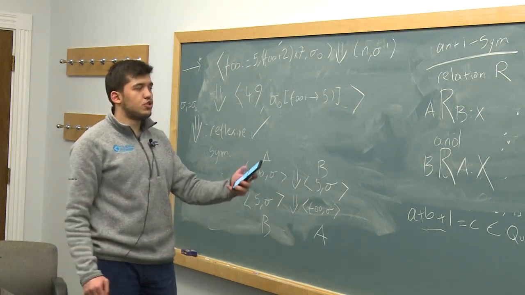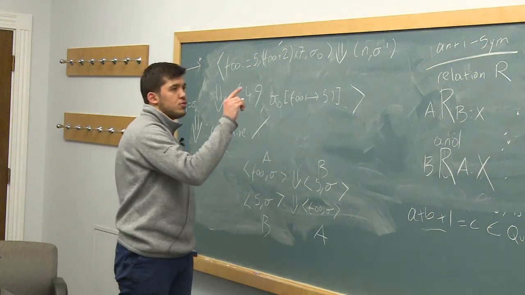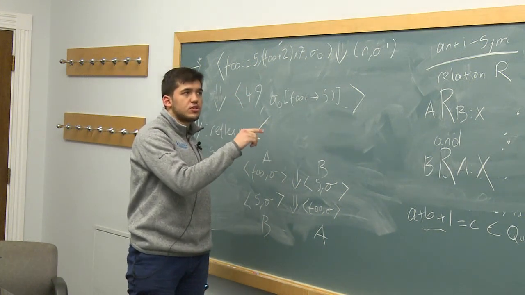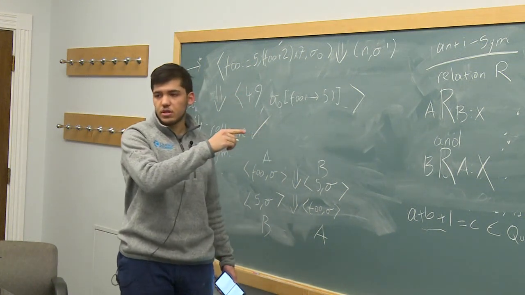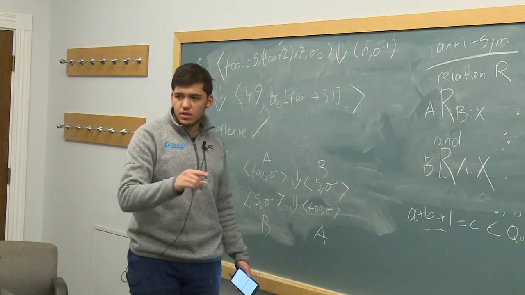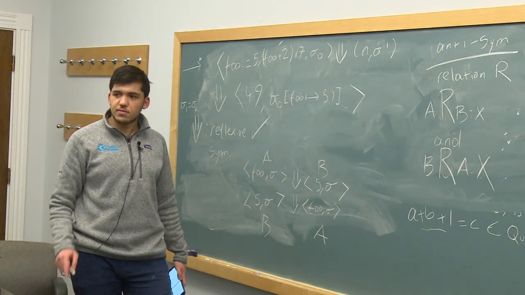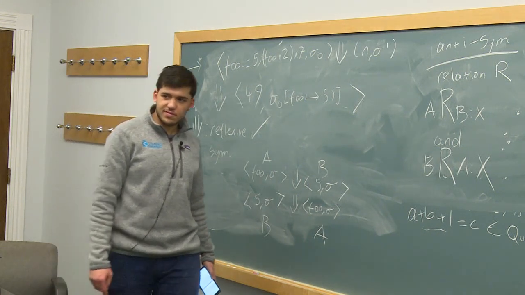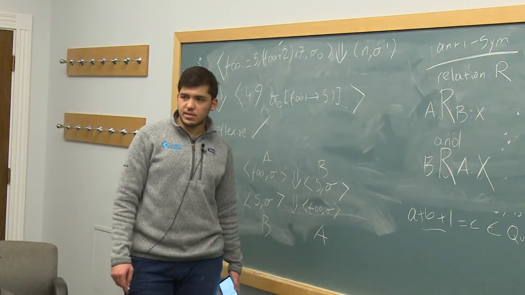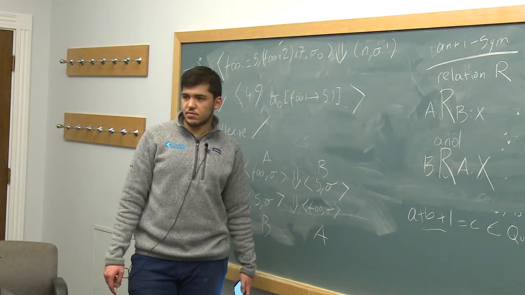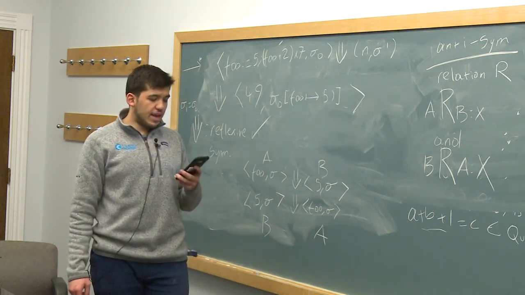Let me ask you a question. Did you use the fact that it's not symmetric to conclude that it's not anti-symmetric? Not necessarily. Small step is an example where it's not symmetric, but it is anti-symmetric, and large step is an example where it's neither.